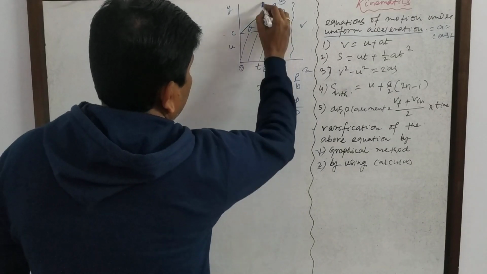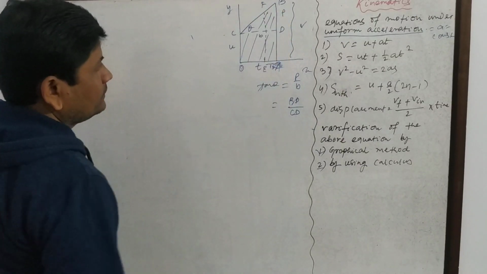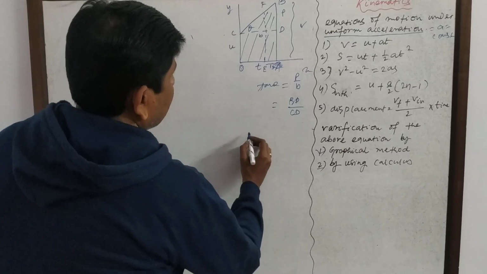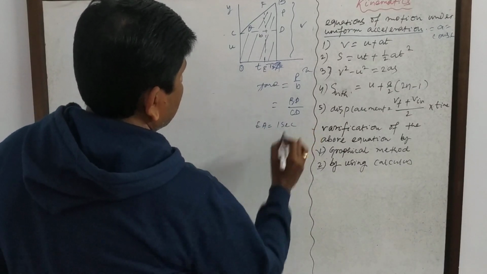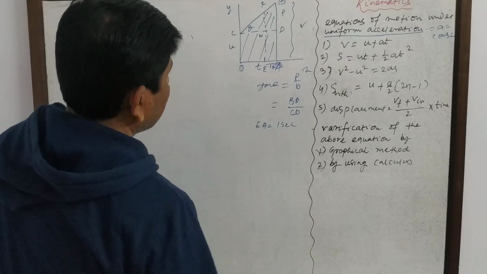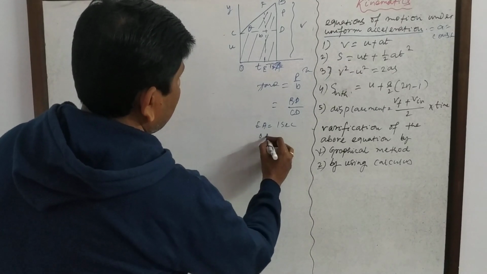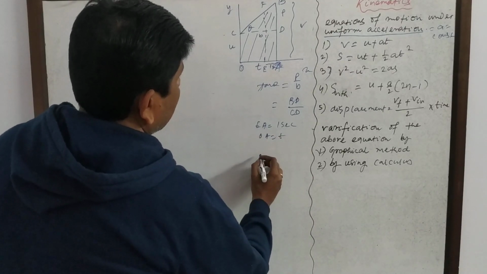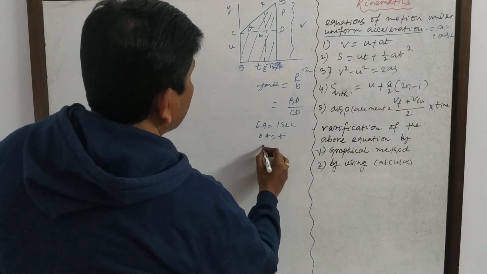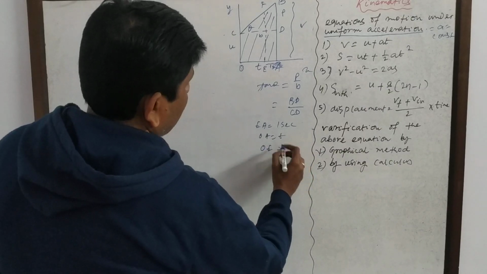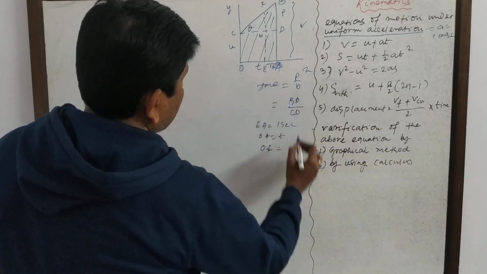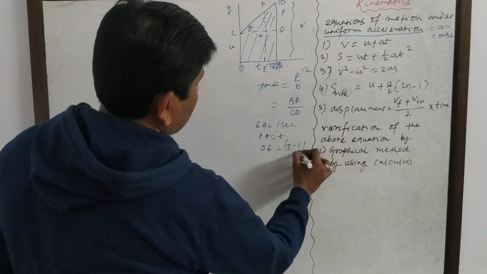E F. Now EA is equal to 1 second, and OA is equal to T second, that is OE is equal to T minus 1 second.